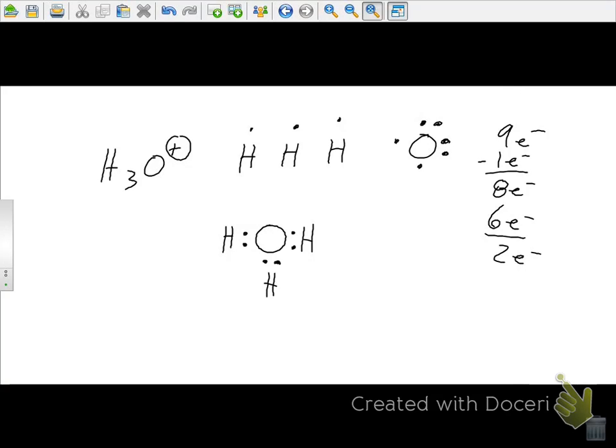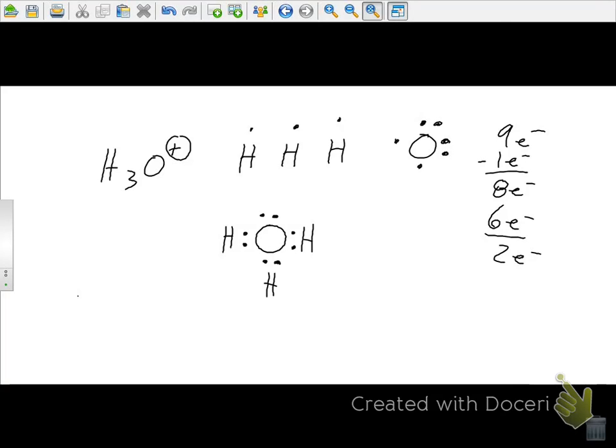Then those extra 2 can't go around the branch, they go around the center. So here's some things to look at. Everything has to have 8, or hydrogen, in that case 2. And your electrons before and after have to equal.